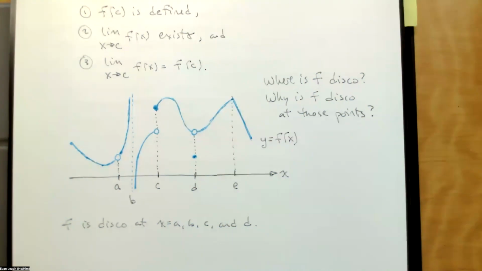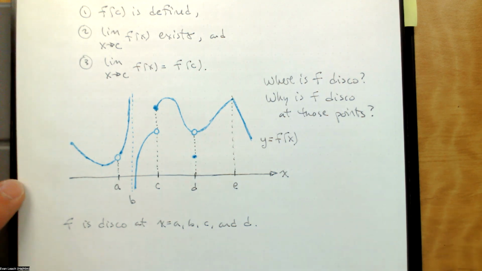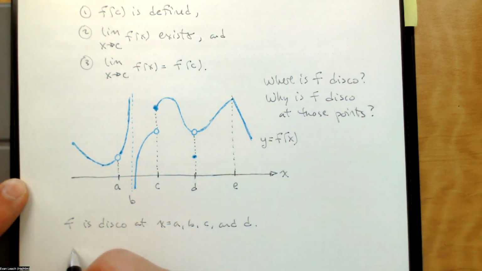Why is F discontinuous at A? It's undefined. There's an open circle at A, and there's no closed circle somewhere else. So F of A is undefined.